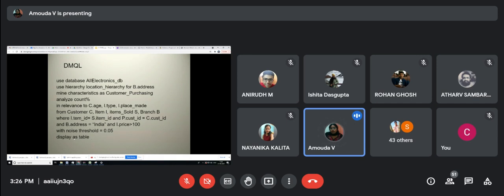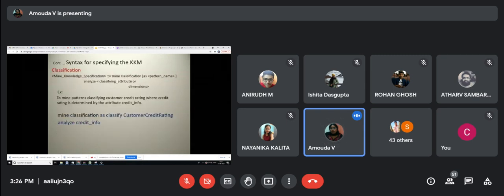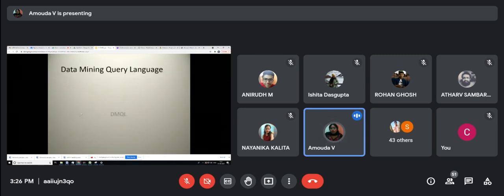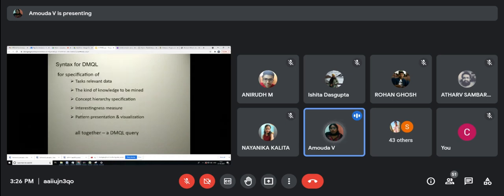All five primitives are added in this data mining query, just to give you a glance at how the data mining query language syntax has to be incorporated. That's all. You may not understand the syntax of these five primitives in one class. I showed you the complete data mining query all put together.